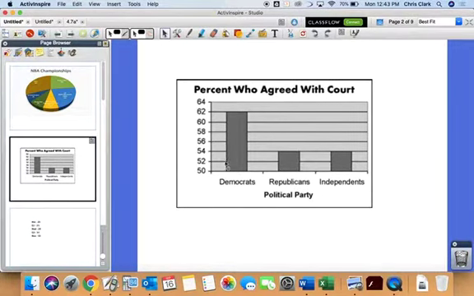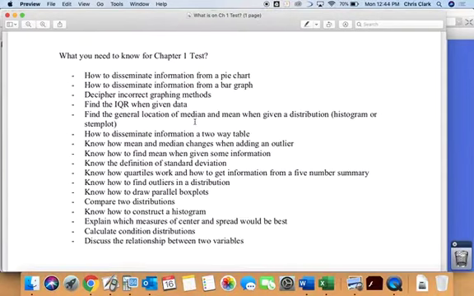Because this is showing that Democrats have a higher percentage who agreed than Republicans and independents, but in reality it's not that much higher. It's only a difference of 8, where this graph makes it look like a huge difference. If I started at 0, it wouldn't look like that big of a difference. So that would be something where I'm talking about a bar graph in that sense.